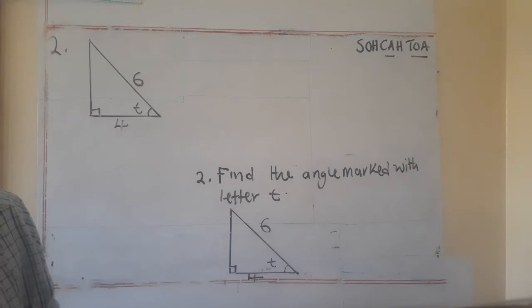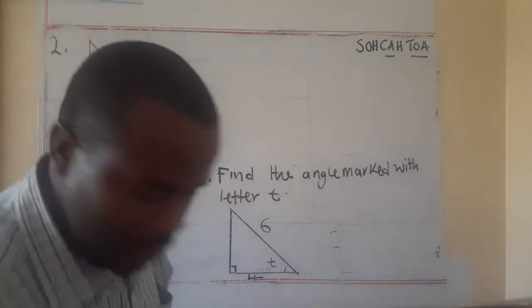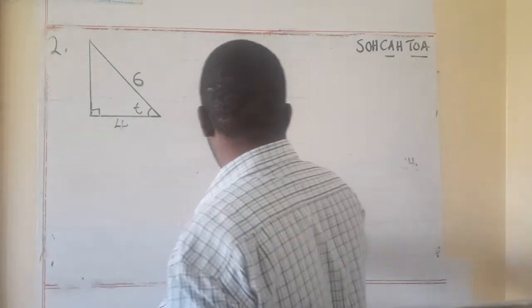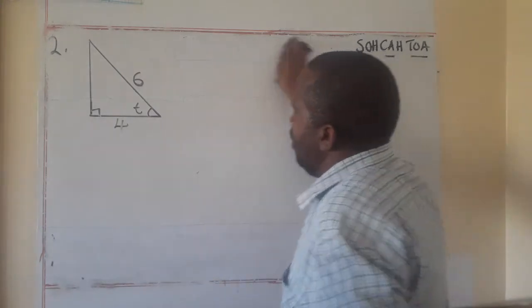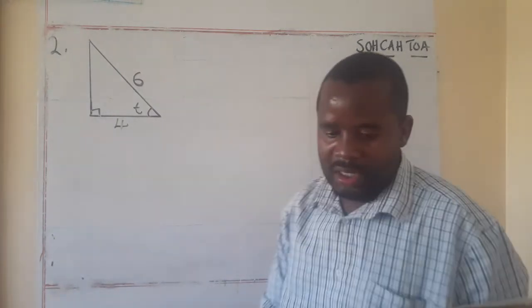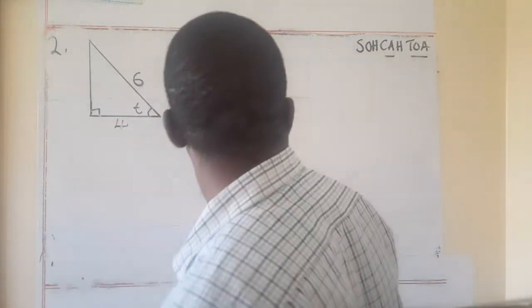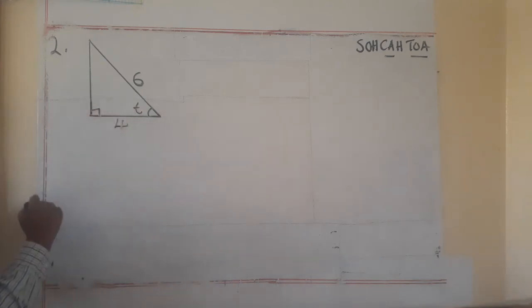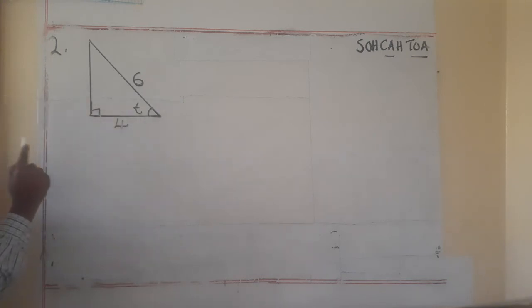Here we want to get angle T, but again we'll try to find maybe all the sides. If you are dealing with T, this is the opposite. The opposite has not been given. What have we been given?